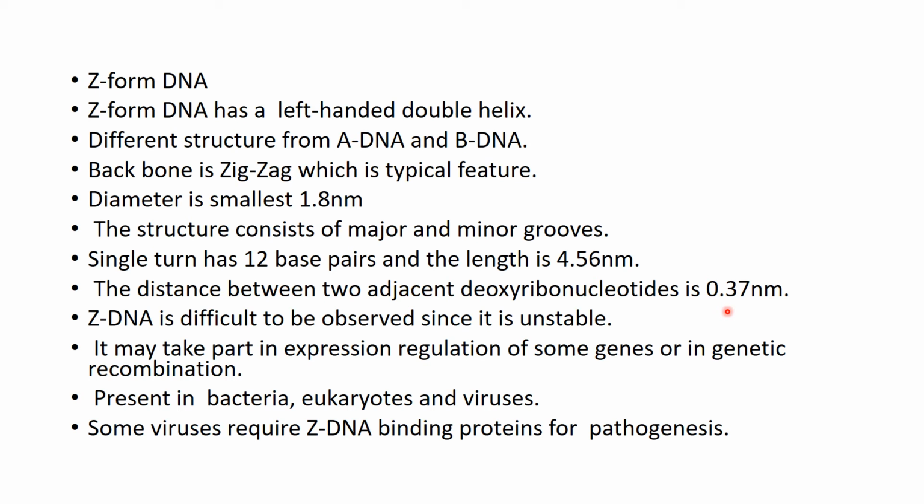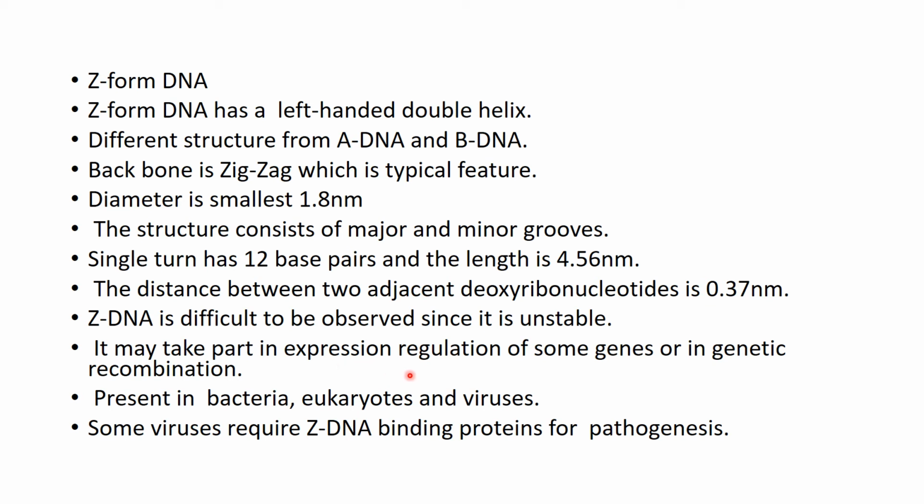Z DNA is difficult to observe because it is a very unstable molecule, and this molecule is found to participate in some functions which are quite uncommon. That is, it takes part in the expression of some genes, regulation of some genes, and in genetic recombination processes.